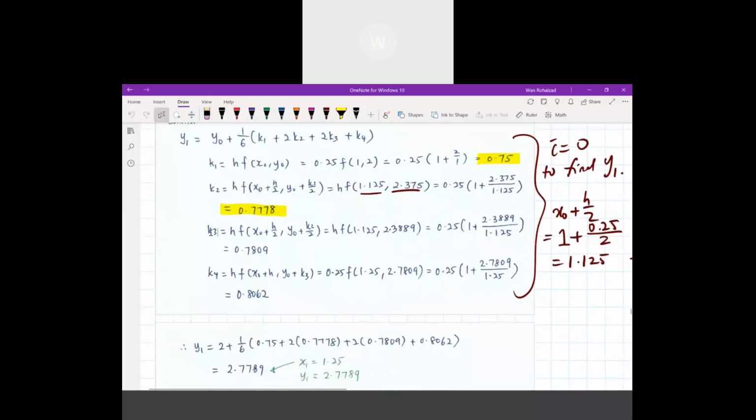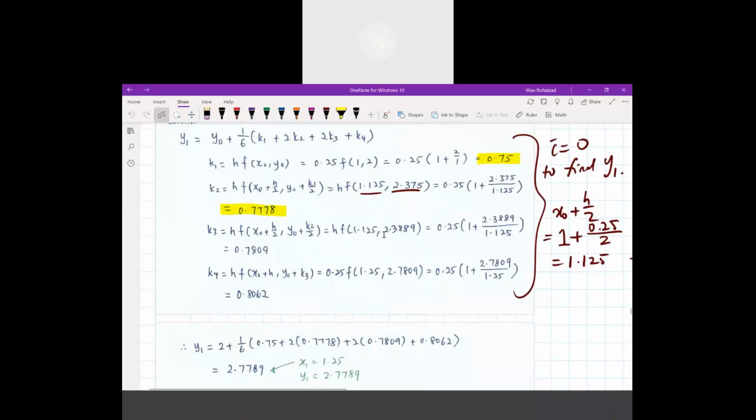So k3 equal to h f of x plus h over 2, y plus k2 over 2. So same type of calculation. So x equal to 1 plus 0.25 over 2, so 1.125. Y0 is 2 plus k2, 0.777 over 2.